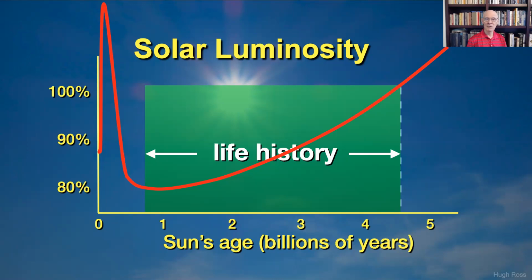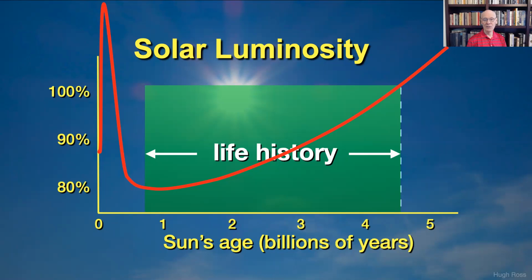But once it finished its formation, then it began to lose mass at a relatively slow rate, and that causes luminosity to decline. And then it reached a point where nuclear fusion kicked in, the fusion of hydrogen to helium in the core of our star, the sun. That stabilized the loss of mass, so mass loss became extremely tiny thereafter.